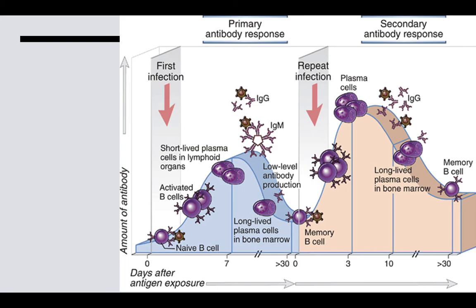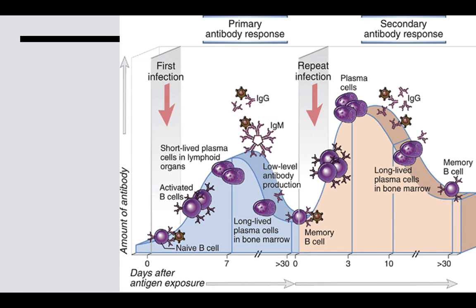You start from your naive B cells that will be activated with the help of your T cells and your antigen-presenting cells. Okay, affinity maturation takes place. Antibodies that are produced primarily are of isotype M nature.